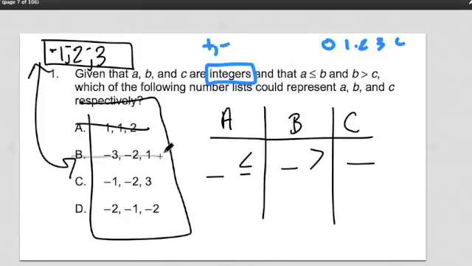And this is what you're going to do. Systematically go through each one of these and sort of work your way through. Okay, what about this one? -1, -2, 3. I could start in the middle here. Is -2 greater than or equal to -1? No. Well, let's say I wanted to check the other one. Is -2 greater than 3?